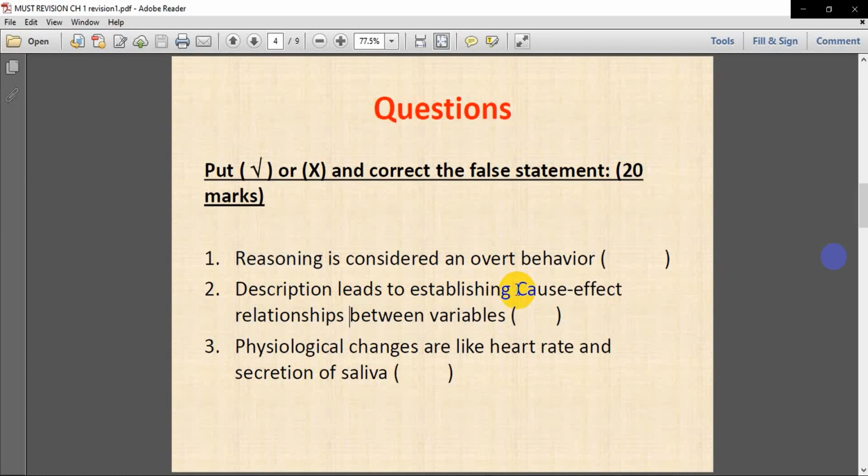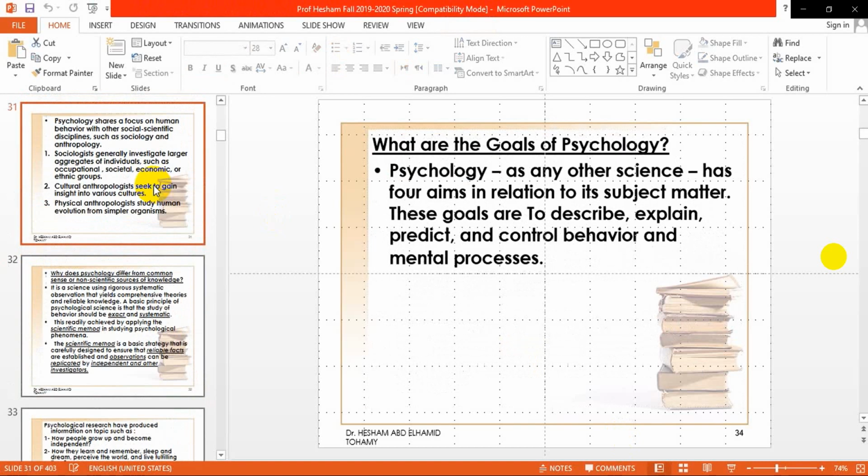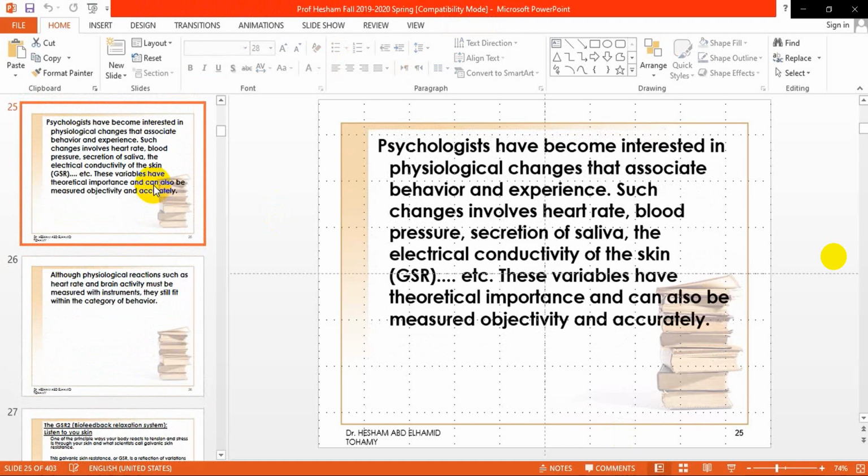Physiological changes are like heart rate and the secretion of saliva. Yes, check this slide and you will find the answer. This is the third type of the subject matter of psychology, which is referred to as physiological changes, physiological variables that correlate with behavior, whether we are talking about overt or covert behavior.